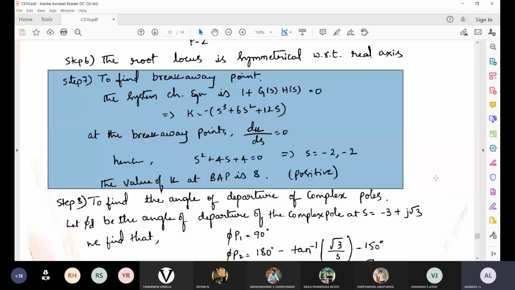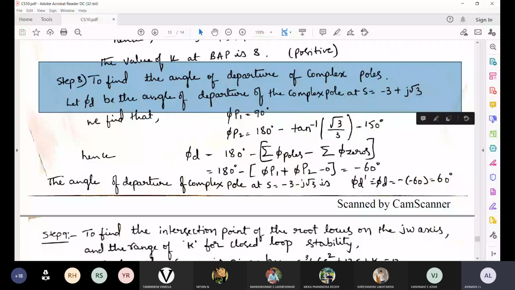The first step is to find the angle of departure for the complex pole. Let phi d be the angle of departure. So phi d represents what? Angle of departure. So here there is only one complex pole.